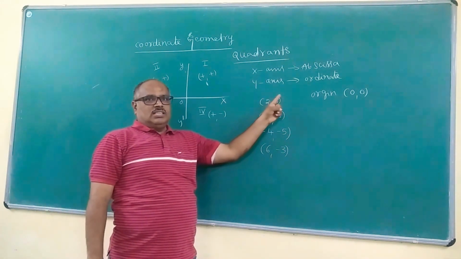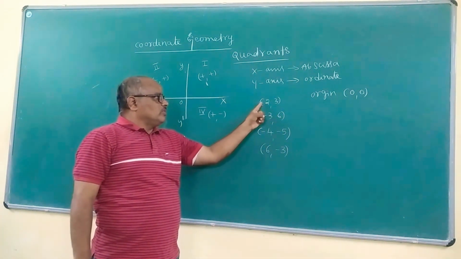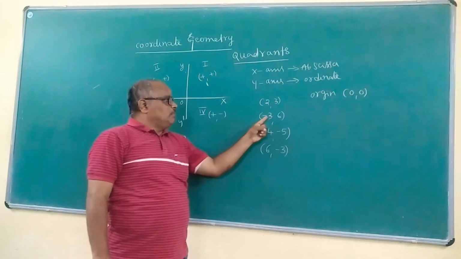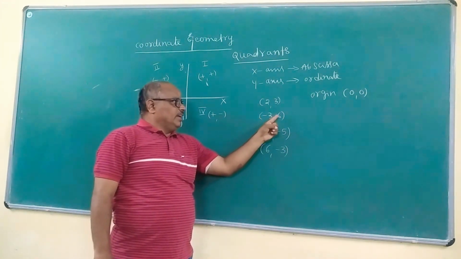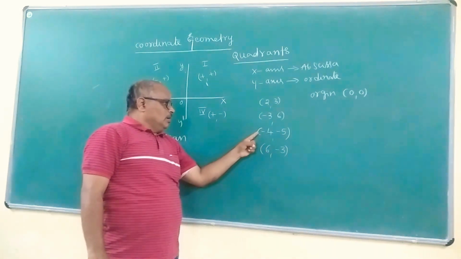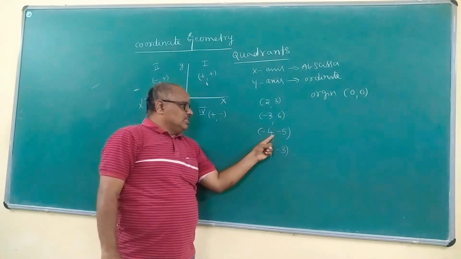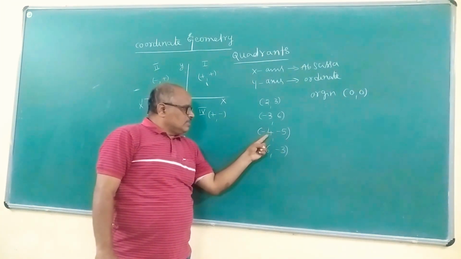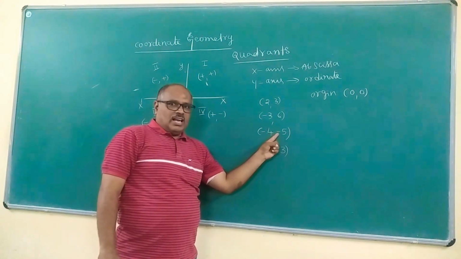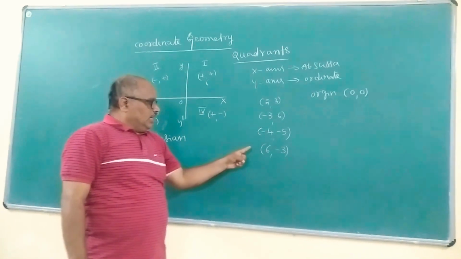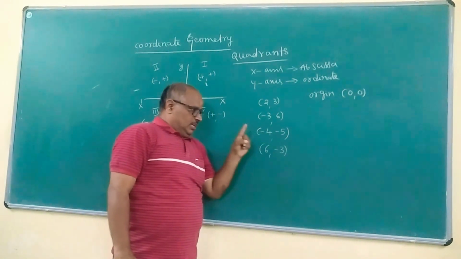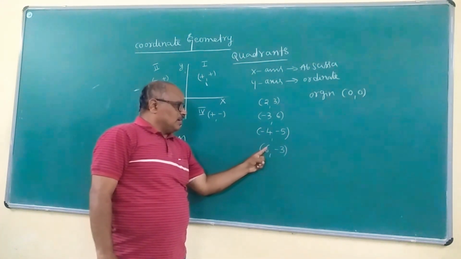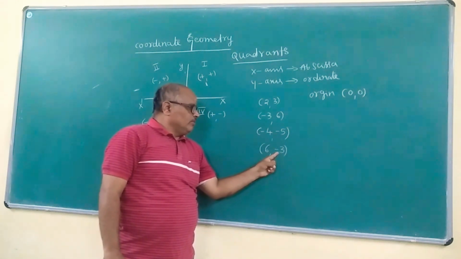(2, 3) lies in the first quadrant because both are positive. (-3, 6) lies in the second quadrant because abscissa is negative, ordinate is positive. (-4, -5) lies in the third quadrant because both are negative. In the coordinate (6, -3), abscissa is positive, ordinate is negative.